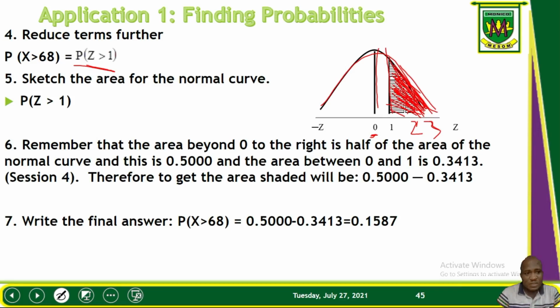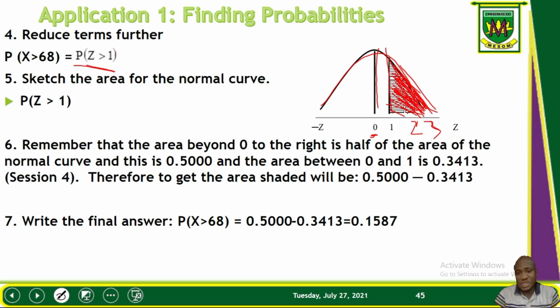The next step is, remember that the area beyond 0 to the right is half of the area of the normal curve, and this is 0.5000. It is 0.5, but because the values you pick from the standardized normal curve table are in 5 decimal places, instead of writing 0.5, we write it as 0.5000.